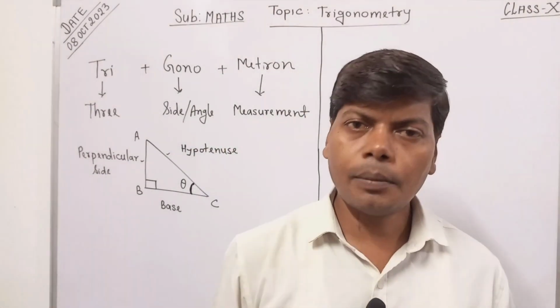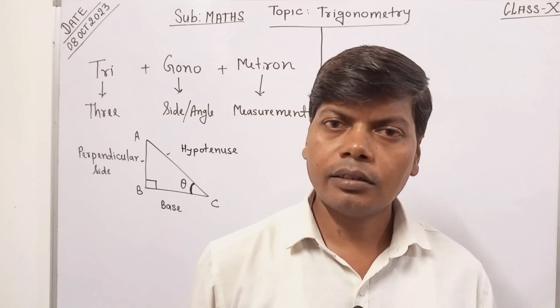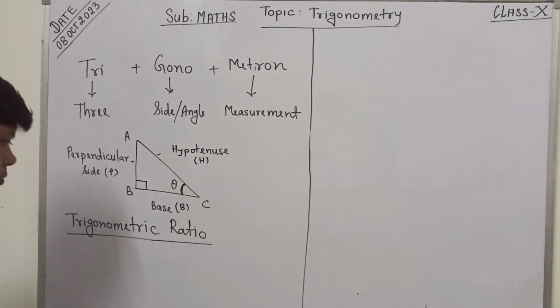Now we will discuss trigonometric ratios. There are six trigonometric ratios: sin theta, cos theta, tan theta, cosec theta, sec theta, and cot theta.